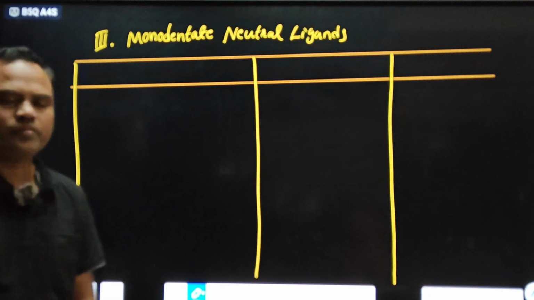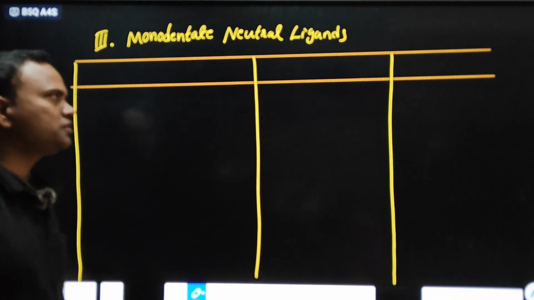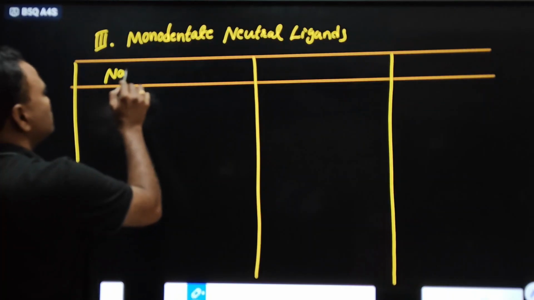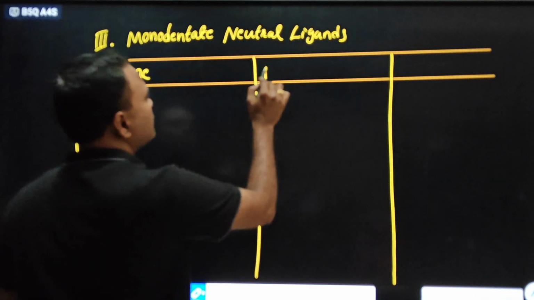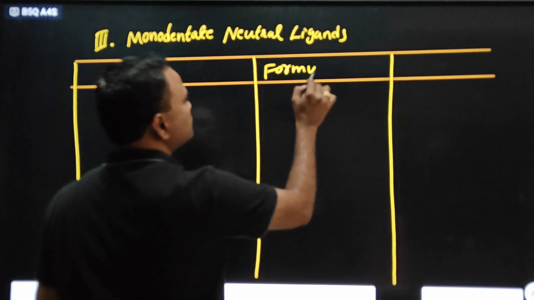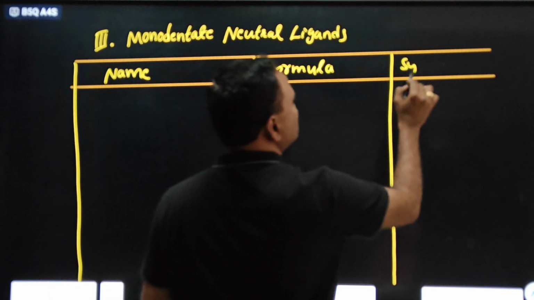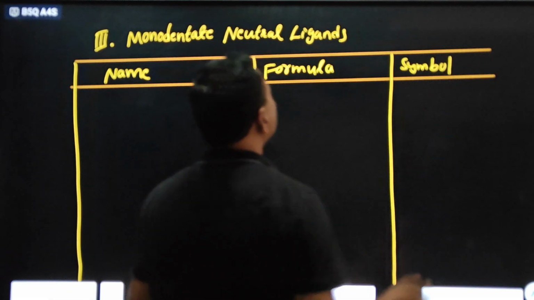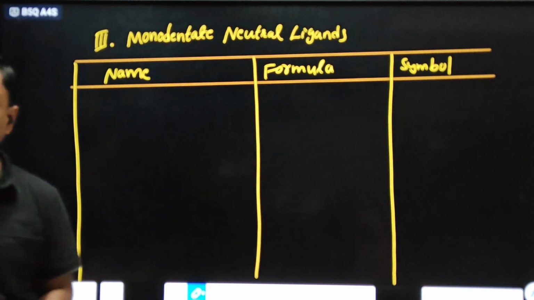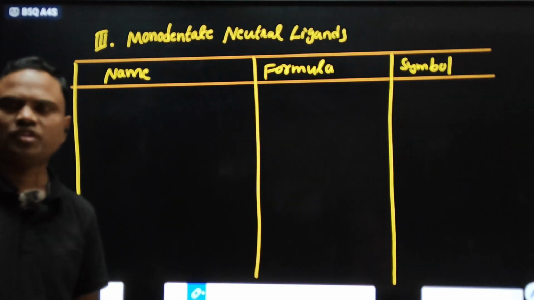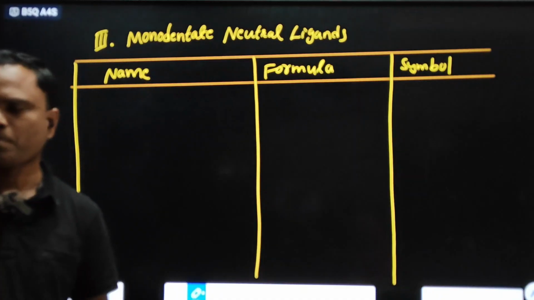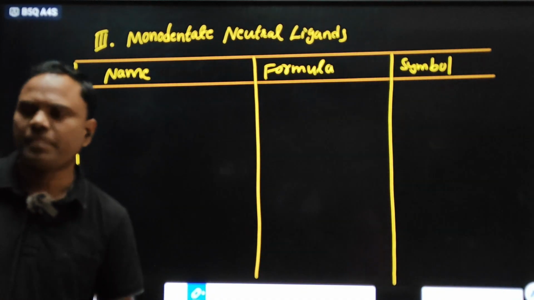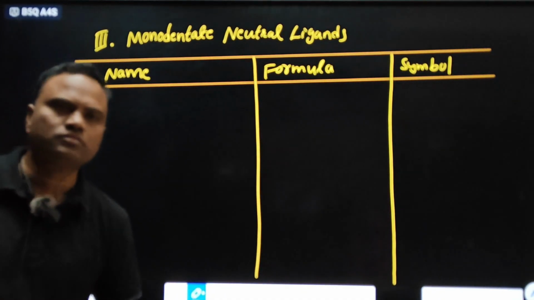In the first column, what will we write? Name of the ligand, right? Name, formula and symbol. Monodentate neutral. Next, 32. Number 32 only.